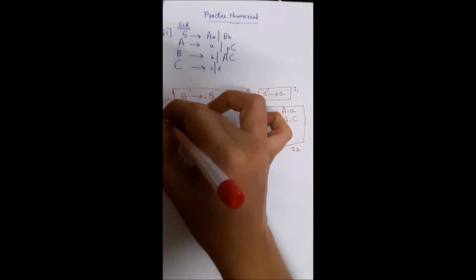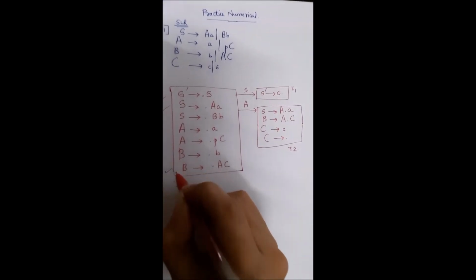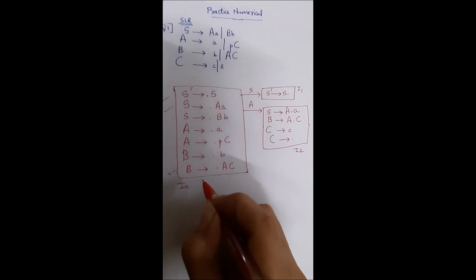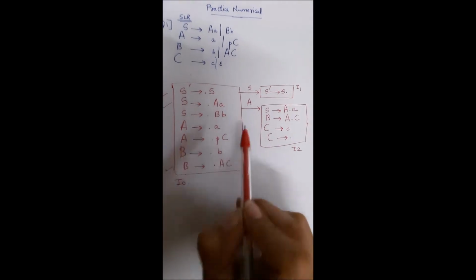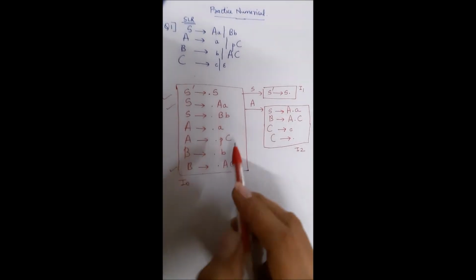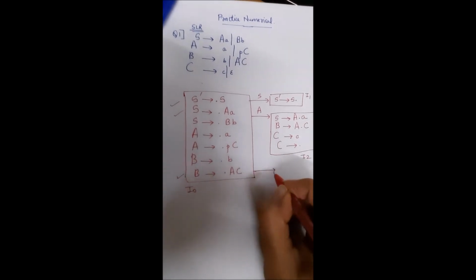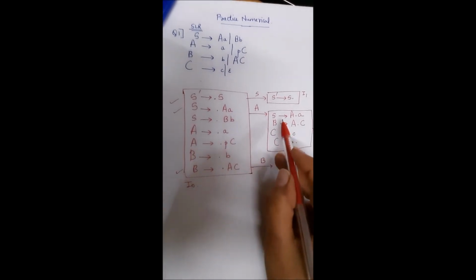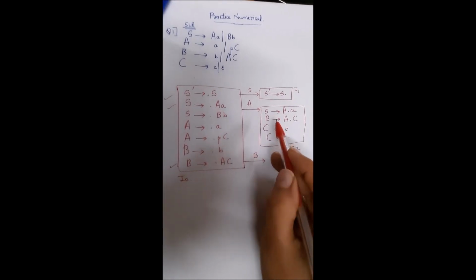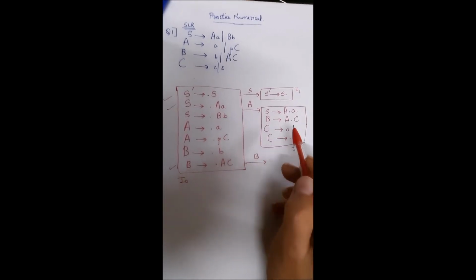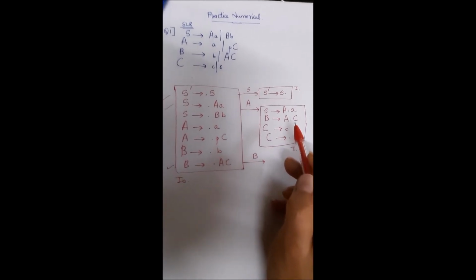So this is processed, and this is processed. This goes out of sequence, but since A is being processed, all the A rules should go here. So you need not process this again. Moreover, you cannot change the sequence here. After S, you should have the B rule, and then only you have to check for the presence of a non-terminal after the dot.